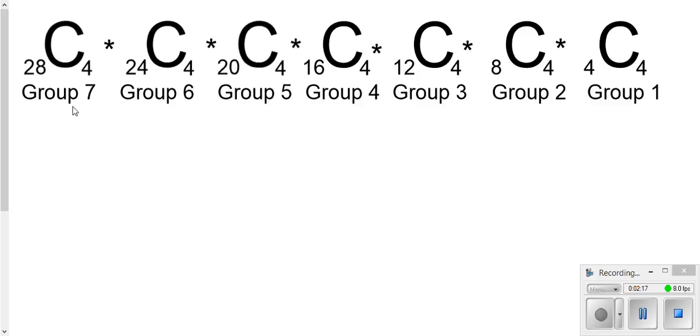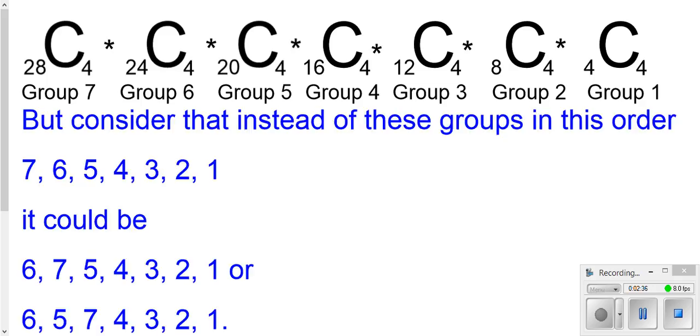So one group of 4, our next group of 4, another group of 4, because there is 20 students left forming groups of 4, 16 students left after you've taken out 3 groups of 4, and so on. Now, we have group 7, group 6, group 5, group 4, group 3, group 2, group 1.